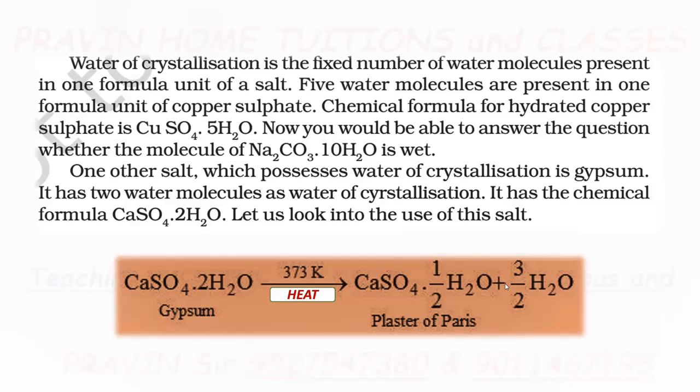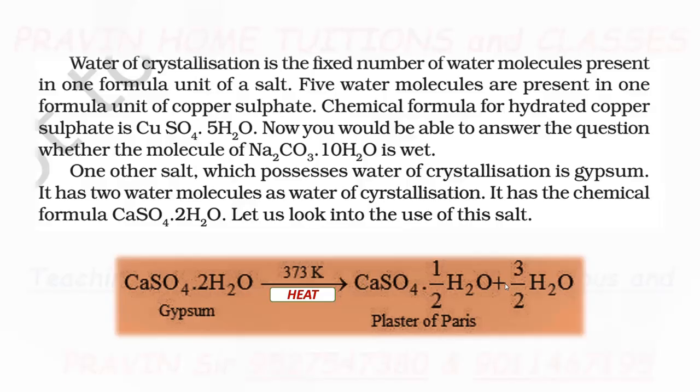Now, the same thing is written here, whatever I have explained. Water of crystallization is the fixed number of water molecules present in one formula unit of salt. 5 water molecules are present in one formula unit of copper sulfate.